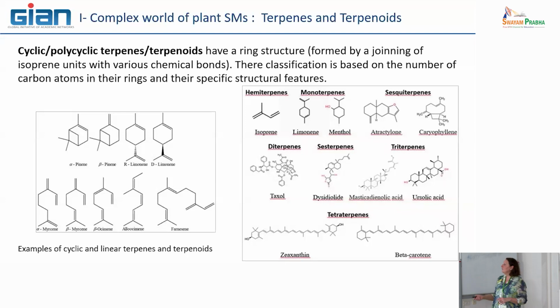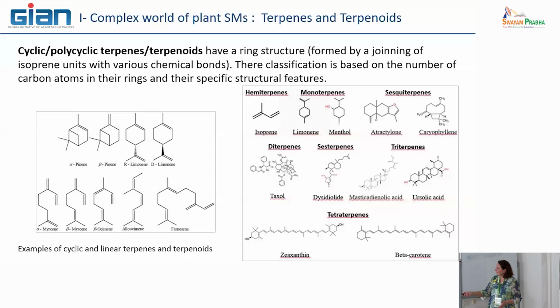And from these linear ones, after you can shift to cyclic ones. It is what I have shown you, and after from these cyclized molecules, you can combine them in order to have more complex molecules, leading to diterpene, sesterterpene, triterpene, and so on.